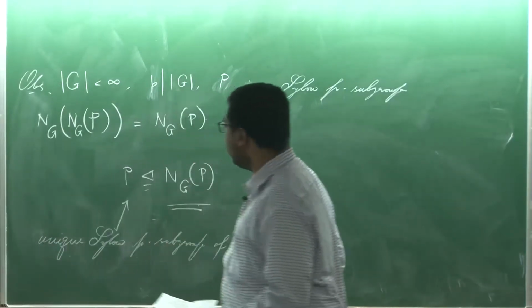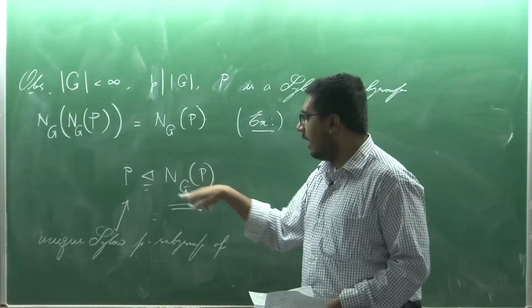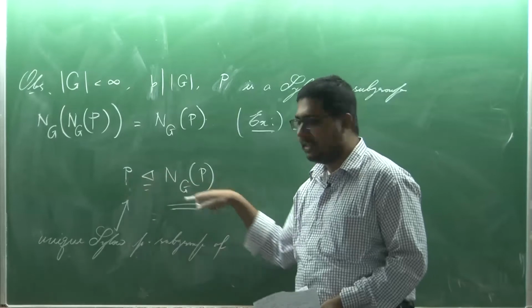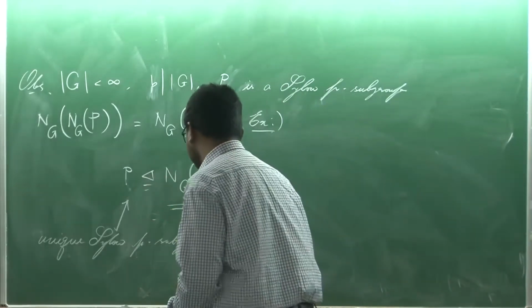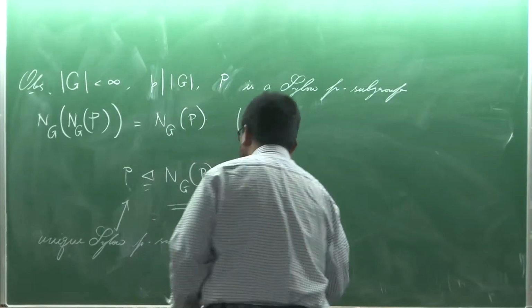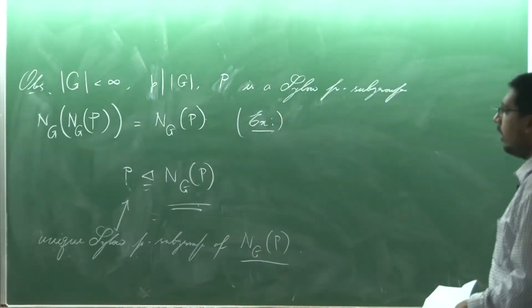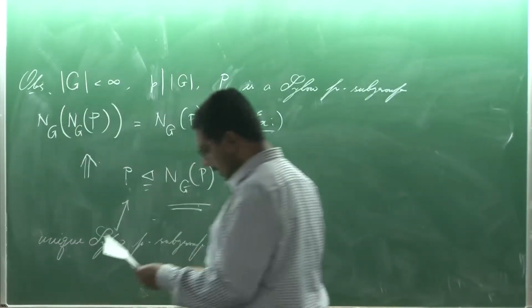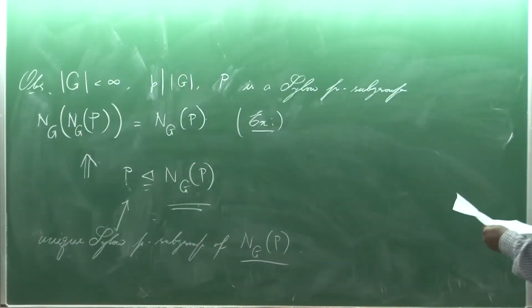Try to understand: any other Sylow P-subgroup of the normalizer will be a conjugate of P, but P is normal here. So it is the unique Sylow P-subgroup of the normalizer. And from that this is an immediate consequence. I leave the rest to you as an exercise.